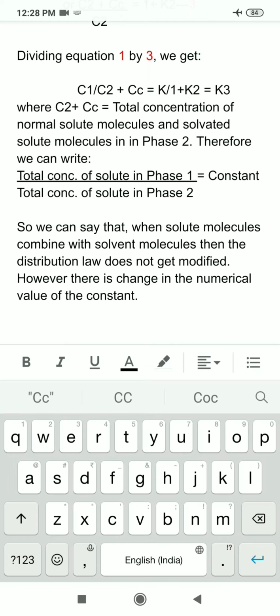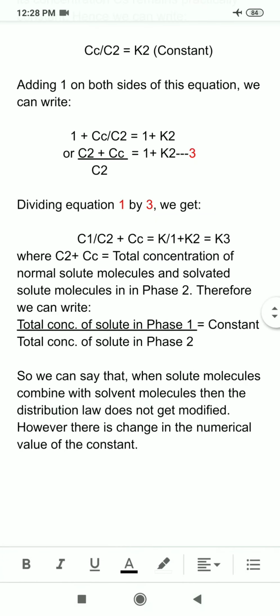However, there is change in the numerical value of the constant. You can see that in place of K, we have written another constant K3. So when there is combination with the solvent, the distribution law does not get modified, but only there is change in the numerical value of the constant.